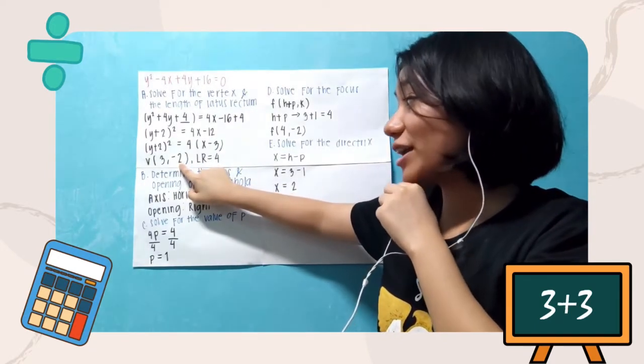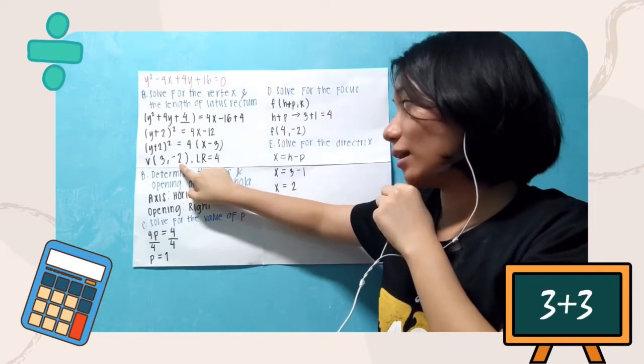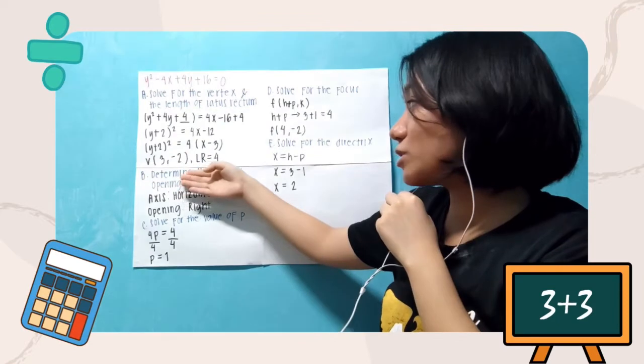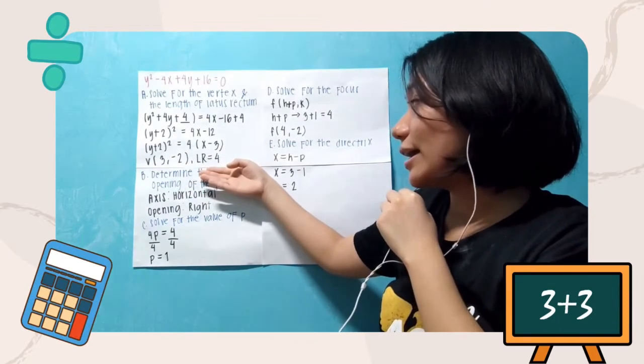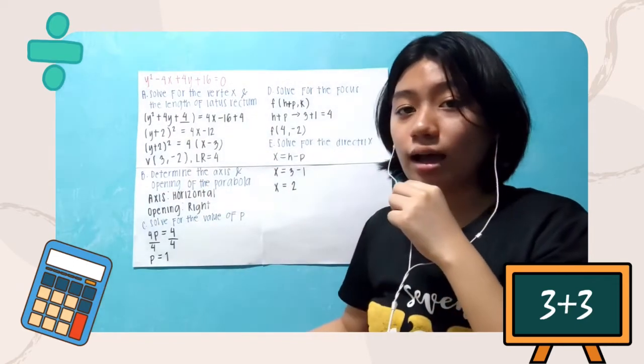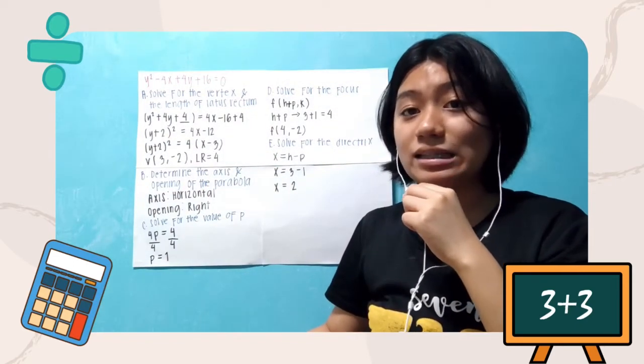So the vertex now is located at 3, negative 2. Then the latus rectum here is equal to 4 since the value of 4p is 4.